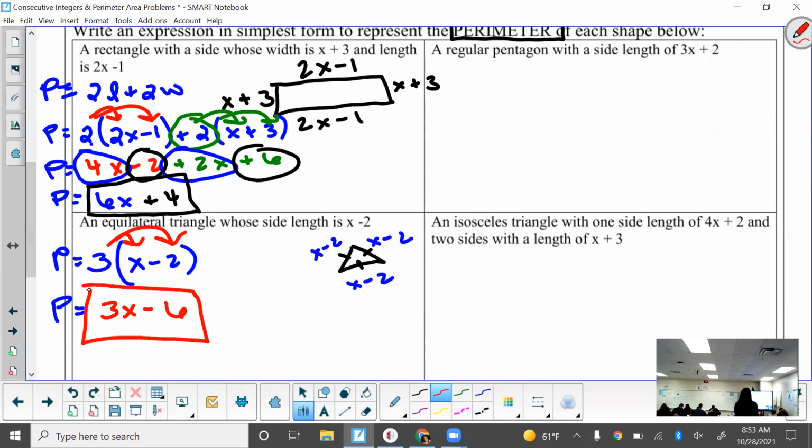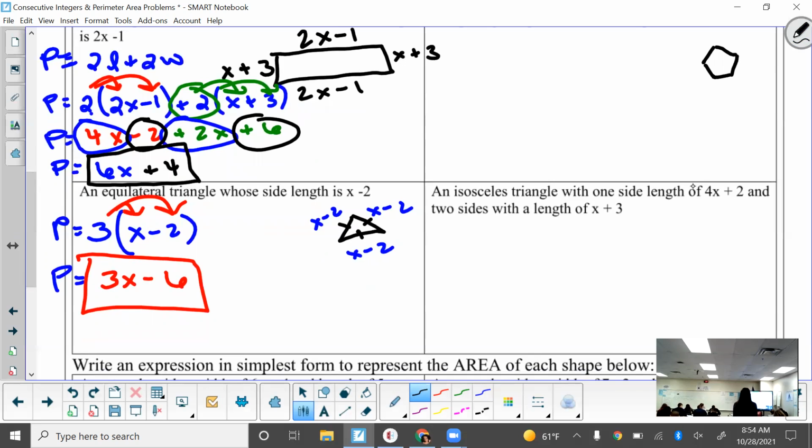All right. Try the 2 that we didn't do, but in order to do that, you need to know what these shapes mean. So like, what's a pentagon? Has 5 sides, good. What about an isosceles triangle? What's special about an isosceles triangle? 2 sides are the same, they're congruent to each other.